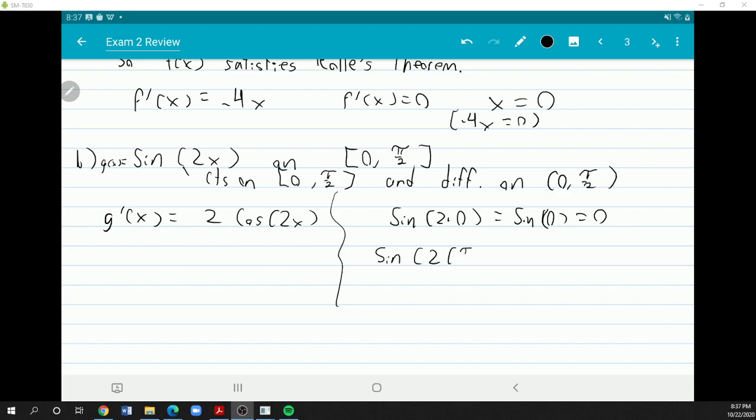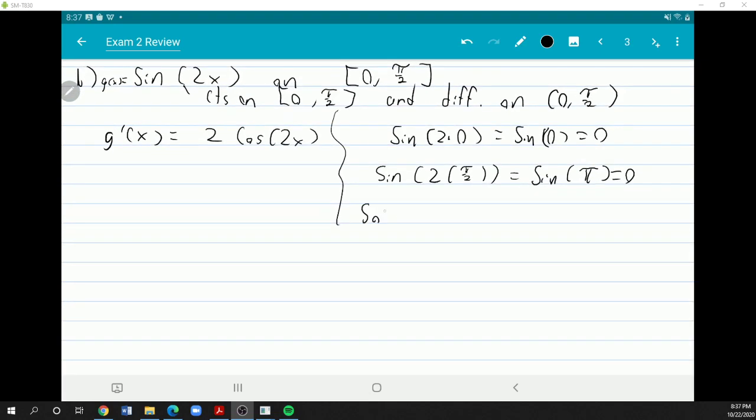Sine of 2 times pi over 2 is sine of pi, which is also equal to 0. So g of x satisfies Rolle's theorem. Okay, so we check to make sure that works, and it does.